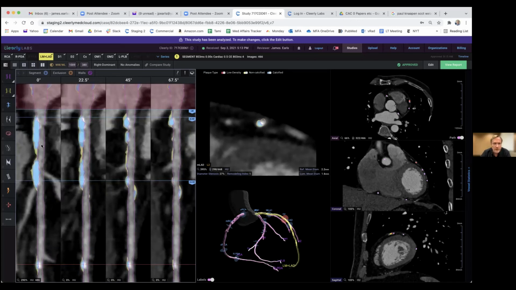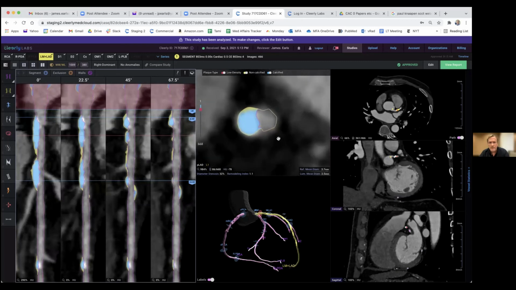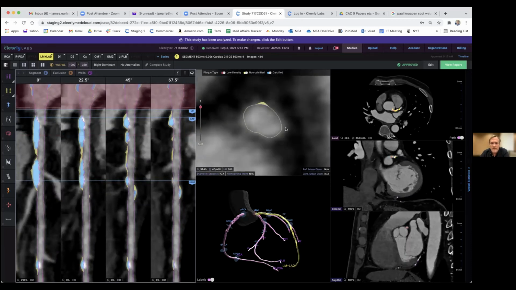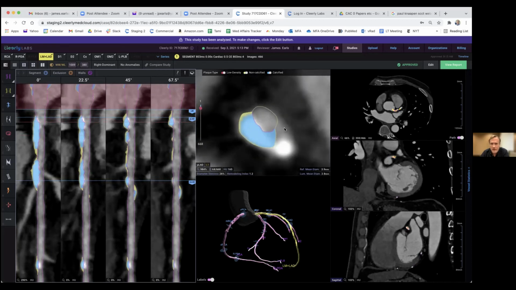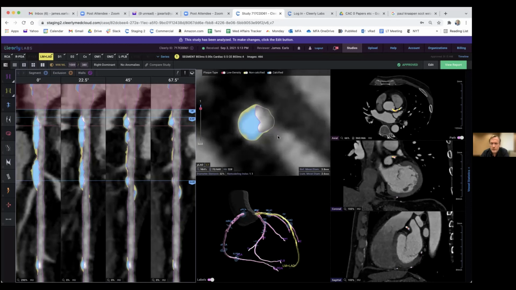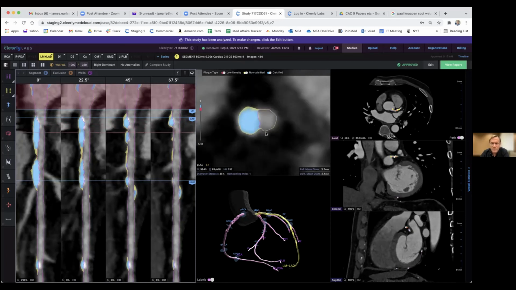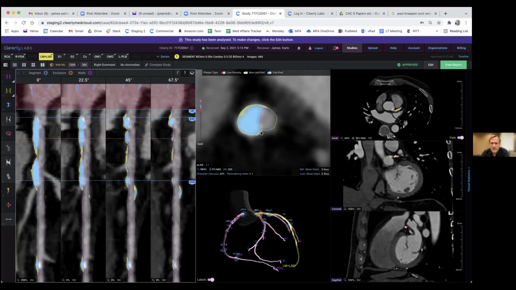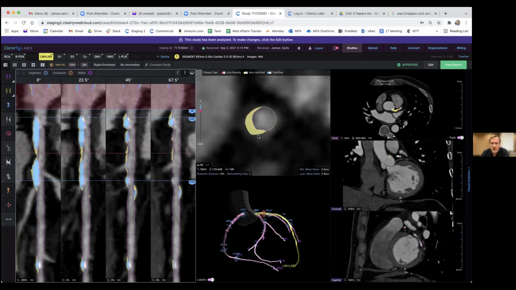As I hit the letter P, or you hit this red thing here, you can turn the colorization tool on. And I'll mag up the short axis. I'll put my cursor up here at the very beginning. We can walk through this plaque. You can see we're here in the left main. We do have some left main plaque, predominantly calcified. So as Paul had said, certainly a better situation than having a non-calcified or maybe a low density plaque in that location.